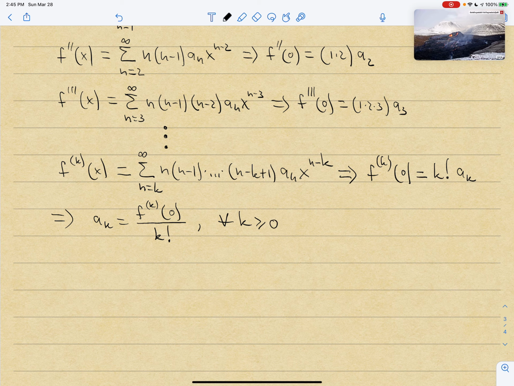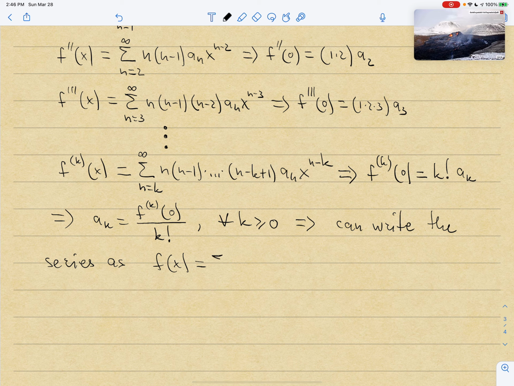And by the way, to this end, 0 factorial is understood to be equal to 1, and 0 derivative is a function itself. All right. And so then I can write the series in an equivalent way, that the function f of x, the sum of a series, is a sum from 0 to infinity.